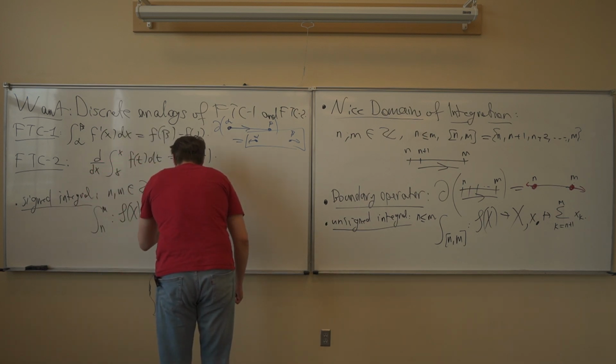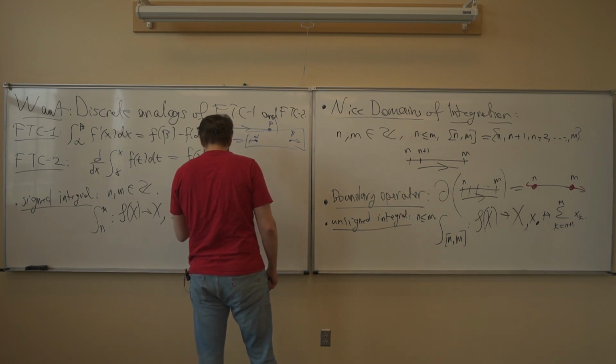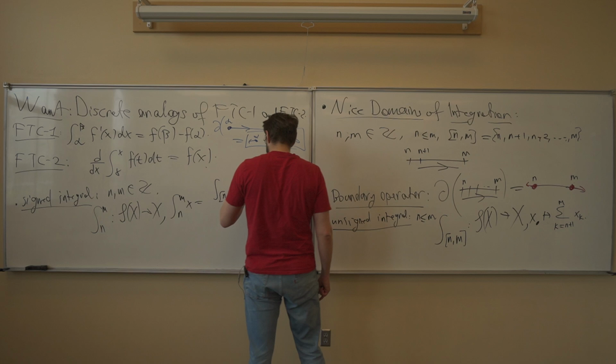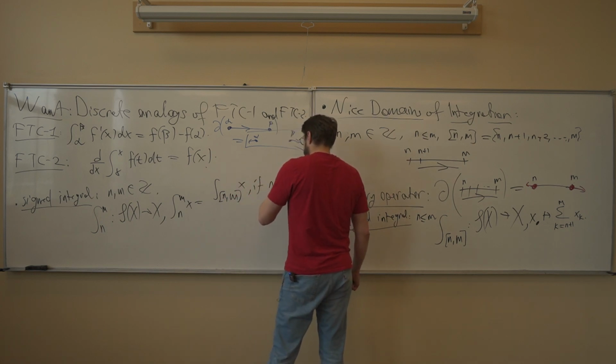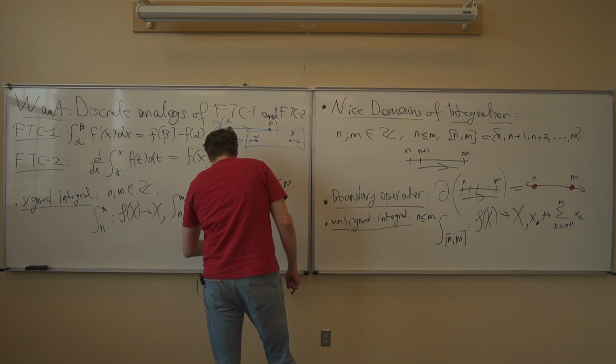And this integral should be the unsigned integral, like so, if n is to the left. Otherwise, it's minus the other way around.